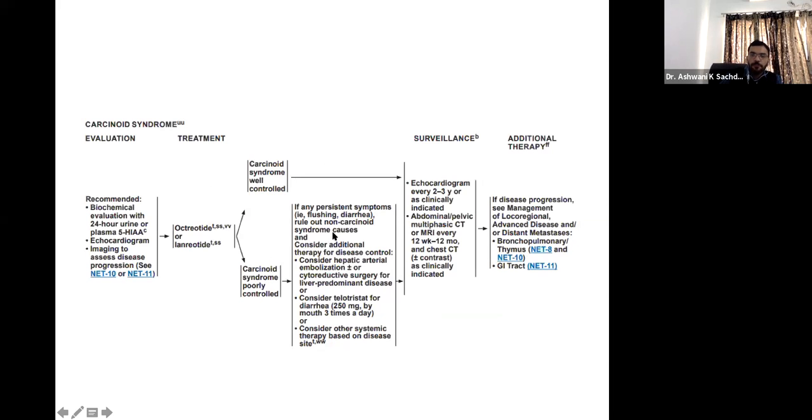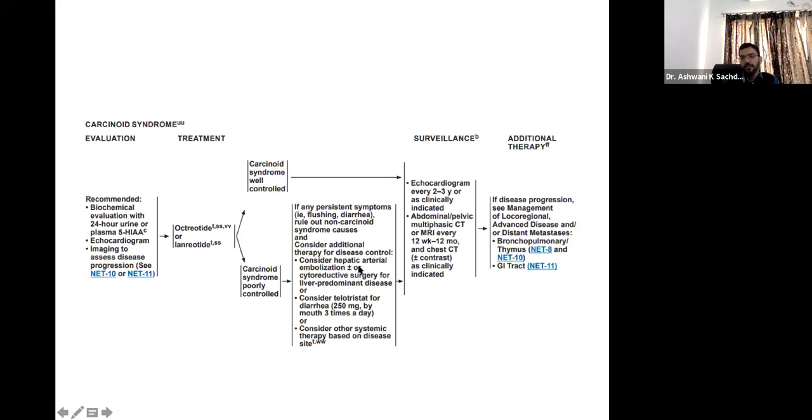Then we have to find out the causes of where the tumor is, and additional therapy for disease control. Like if a tumor is limited to the liver, then hepatic arterial embolization or cytoreductive surgery like hepatectomy to reduce the tumor burden, and consider telotristat for diarrhea and other systemic therapy based on the disease site.